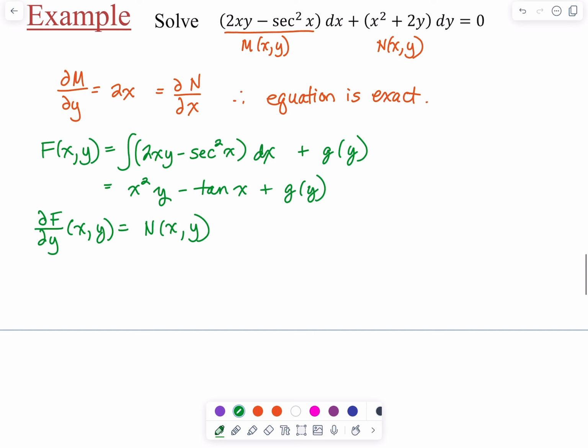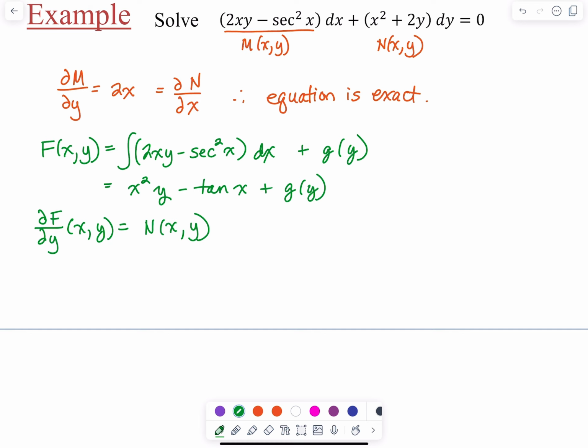That partial derivative with respect to y is going to be just x squared, plus g prime of y, since we are taking the derivative with respect to y.